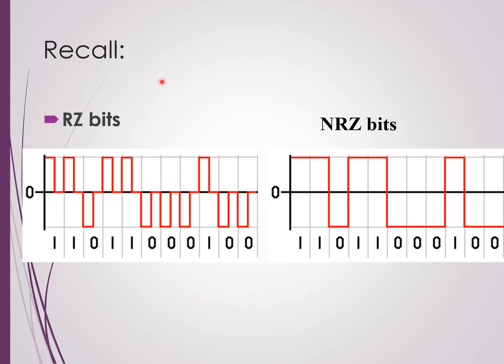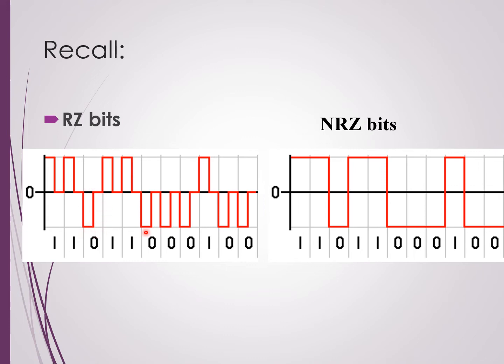Let us recall return-to-zero bits and non-return-to-zero bits. For return-to-zero bits, the waveform representation for 1 is like this. You can see this is 1, this is also 1, this is also 1. For 0, the waveform representation is like this.